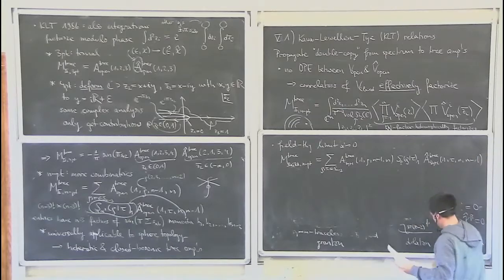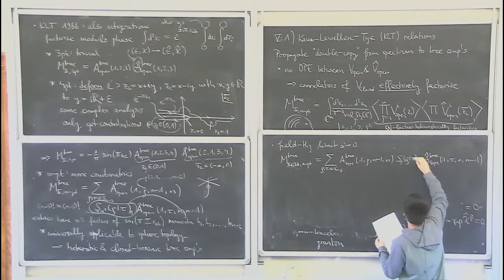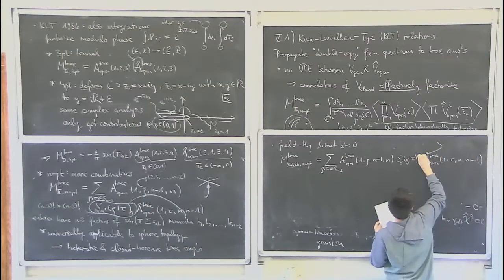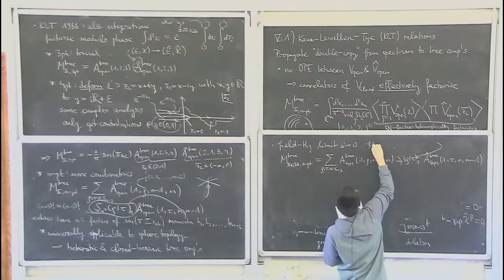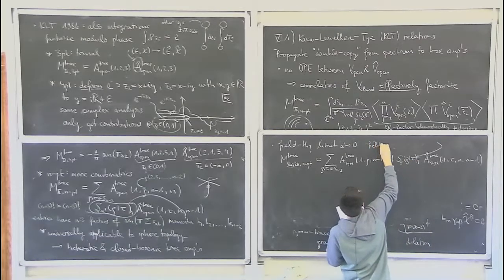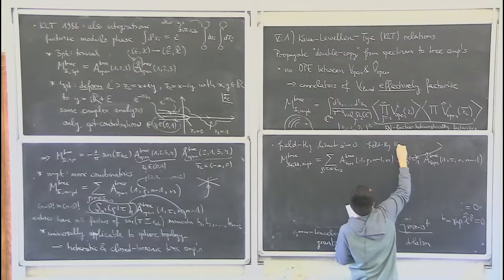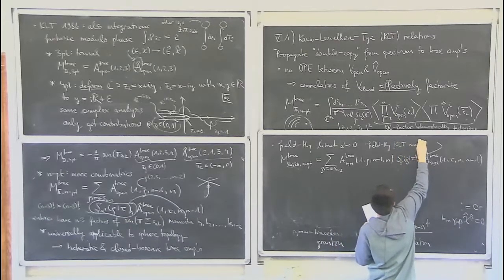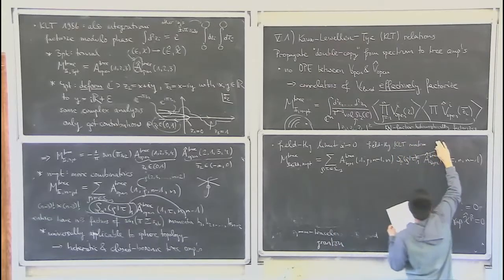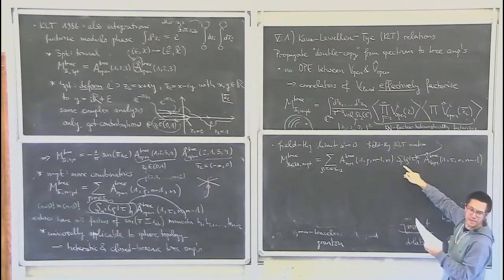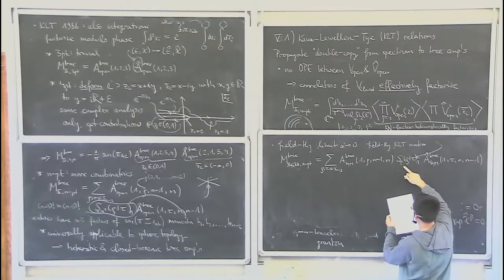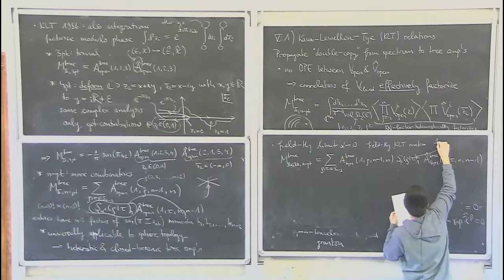Okay, so let me just give a pragmatic definition. This is the field theory KLT matrix. So its string theory ancestor depends on the kinematic variables through a trigonometric function.